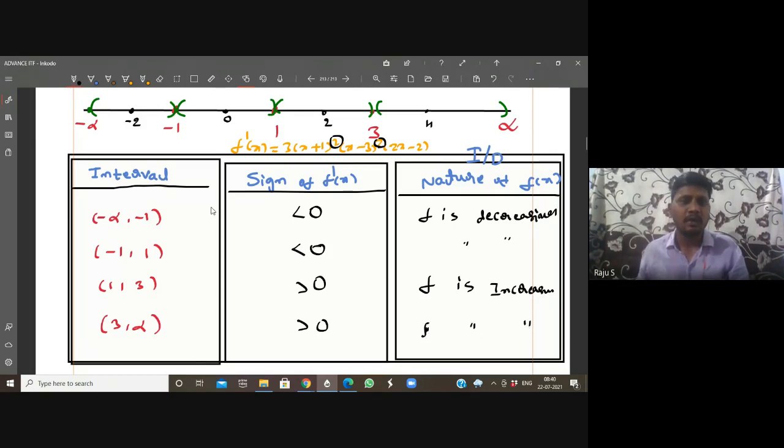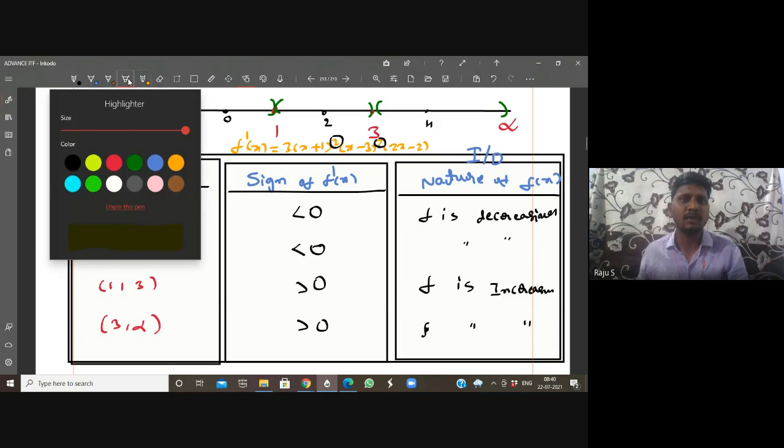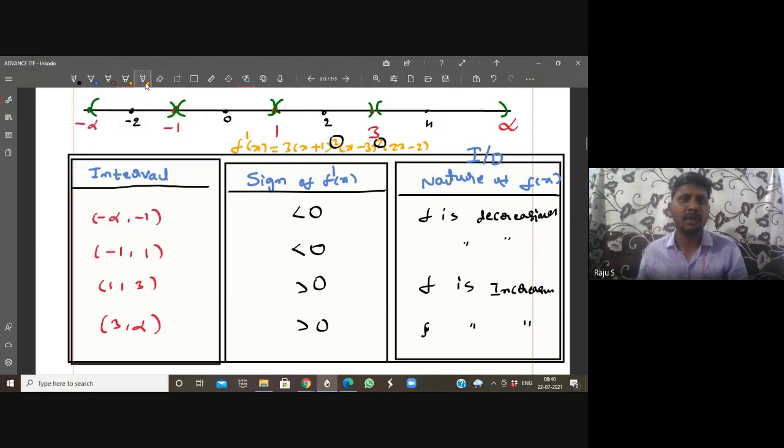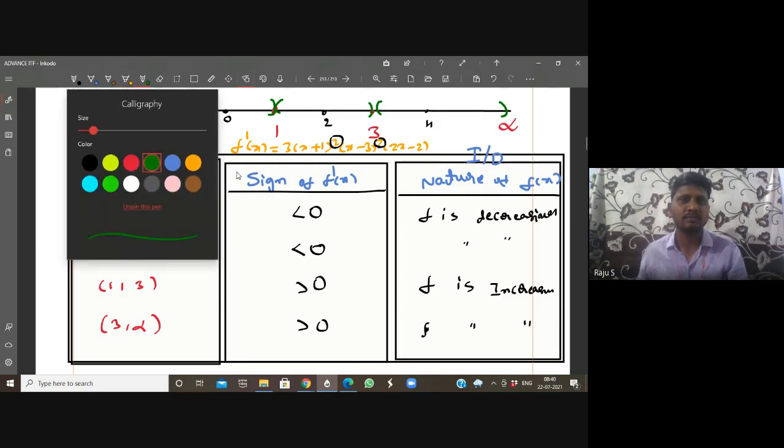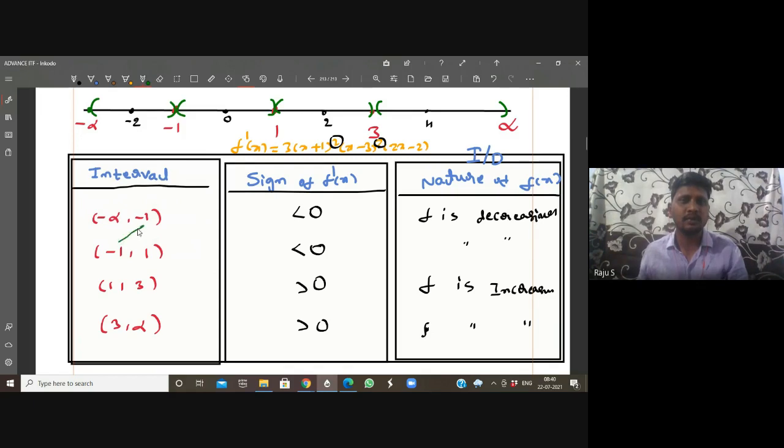So here, look at these two intervals at minus 1. What do you observe here? At minus 1, this is the common point for both intervals, and both will be lesser than 0. This minus 1 is called point of inflection.